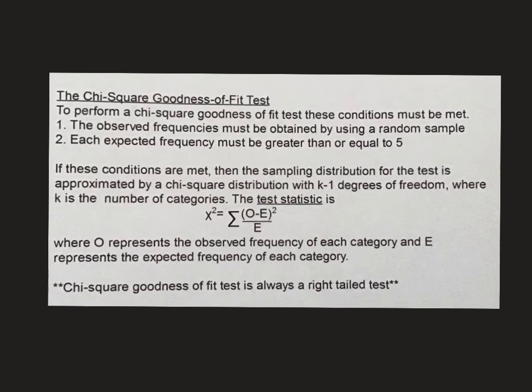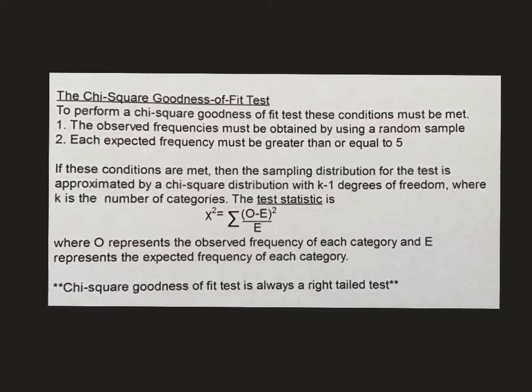Okay, so when we do a chi-square goodness of fit test, you have two conditions that you have to meet. The observed frequencies have to be obtained using a random sample, and each expected frequency must be greater than or equal to 5. Okay, those are both really easy to meet. Rarely are you going to have something that doesn't meet those conditions.